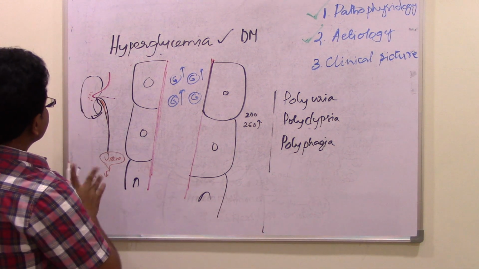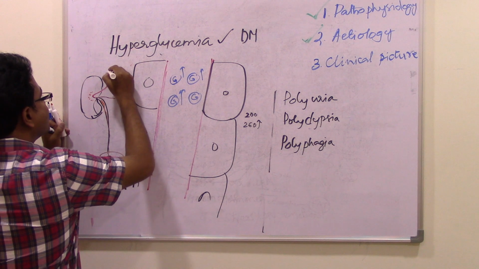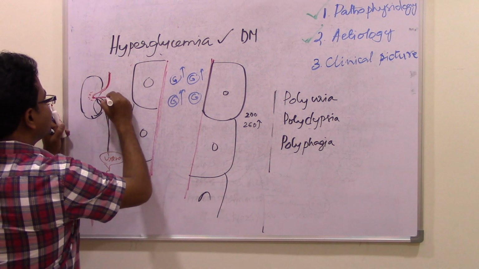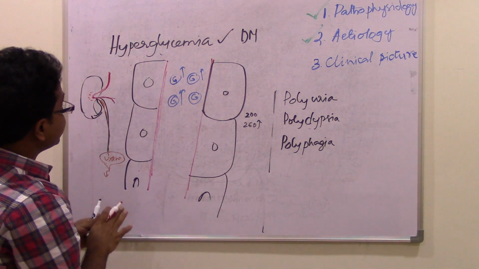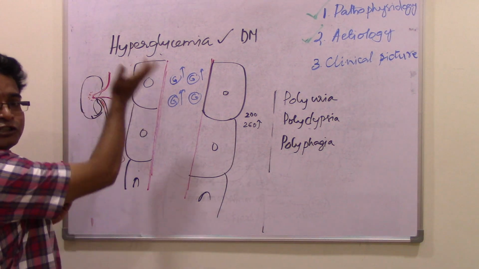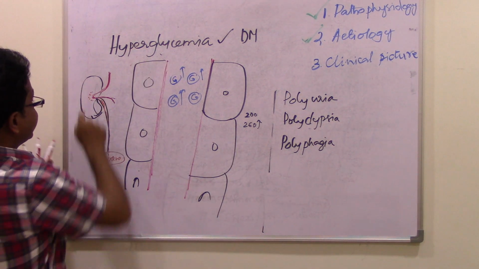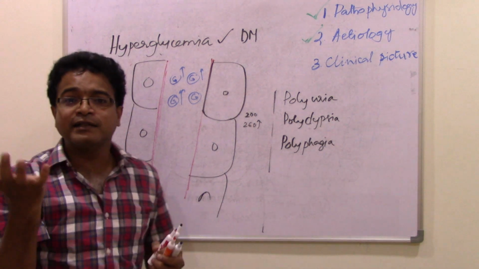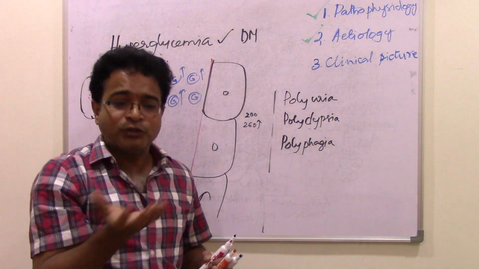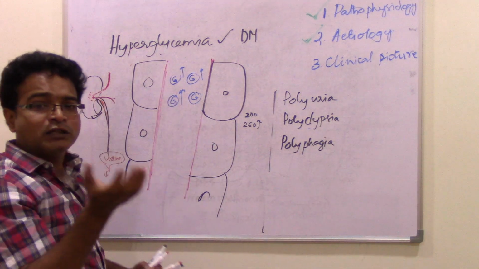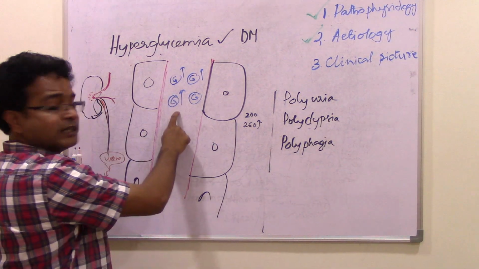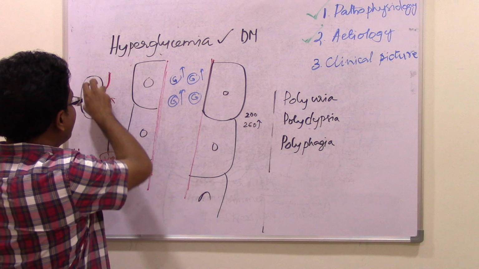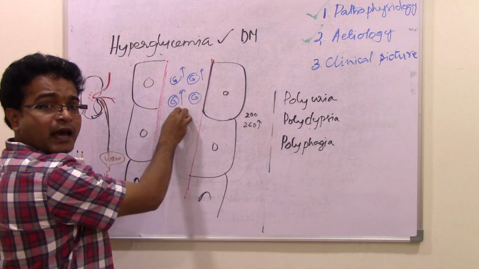Now if the sugar level in the blood vessel carrying blood to the kidney crosses a certain threshold, it cannot filter. Imagine the Bowman's capsule to be like a sieve. Usually it filters back all the glucose because glucose is a nutrient, a digestive end product, and the body requires glucose as fuel.